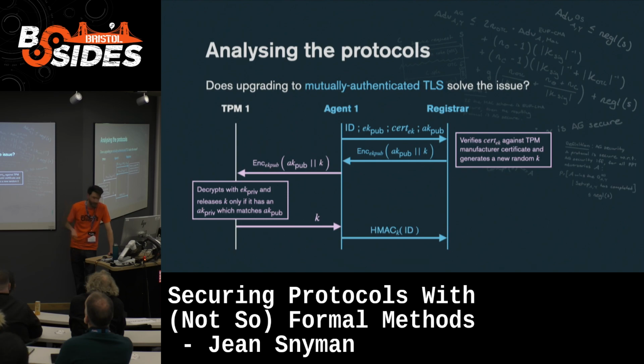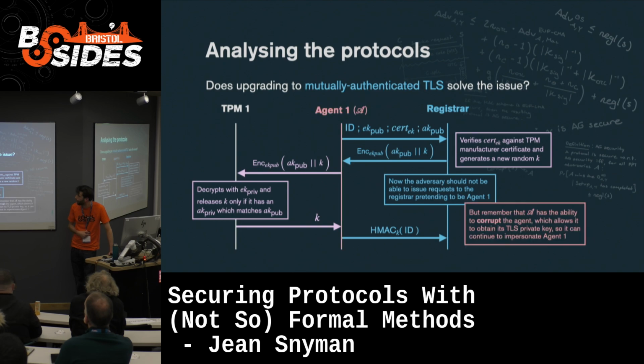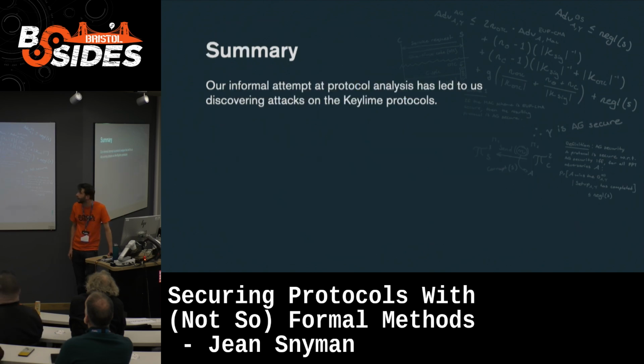So yeah, here's the example with mutually authenticated TLS. And again, our adversary can take control of that agent and impersonate it going forward. So suffice to say that this protocol is quite broken. Now, I wish I had more time to go into this more.